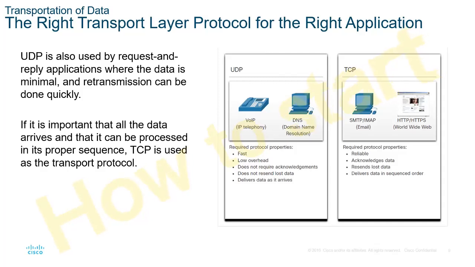TCP is reliable, it does retransmit data, it does acknowledge when it receives data. UDP does not. UDP also doesn't organize its data. It will send data, and however the receiver receives it, that's how it's put together. Where TCP will actually restructure the data based off of a sequence number.